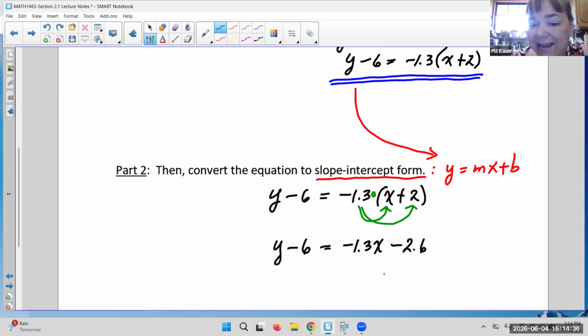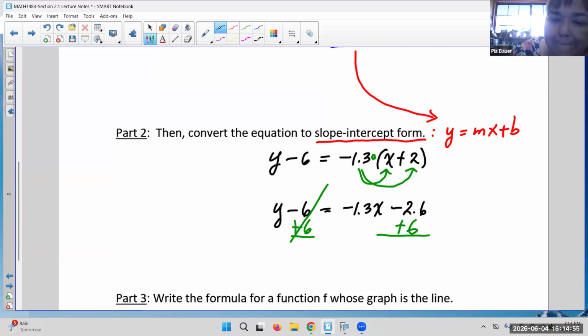We're almost there. I can see the slope already. That's negative 1.3 in front of the x. But I need to have the y by itself. So now what we're going to do is add 6 to both sides. On this side, they cancel out, and it leaves you just the y.